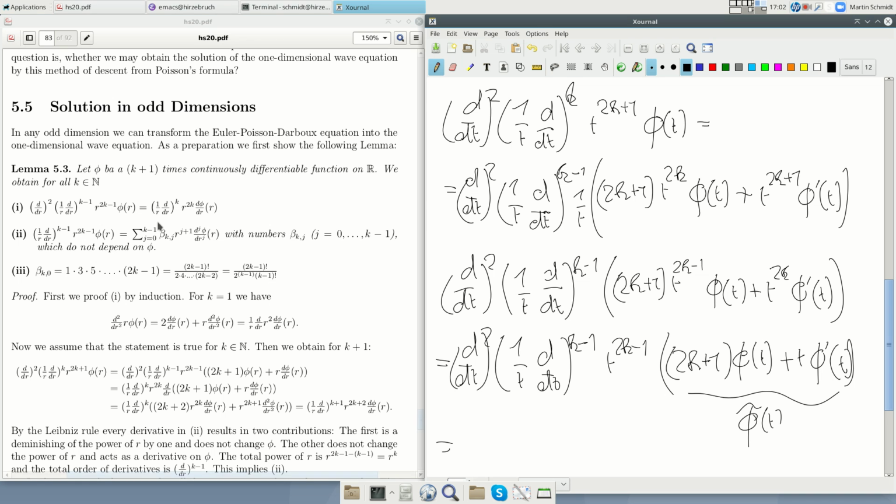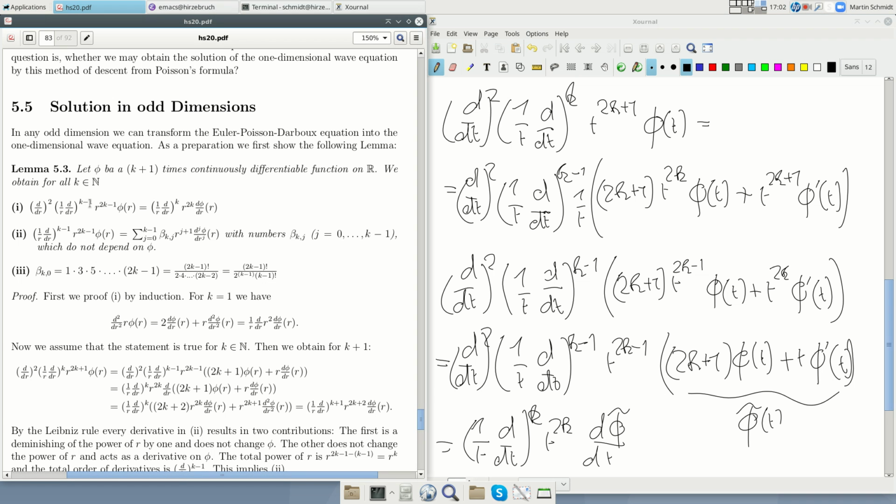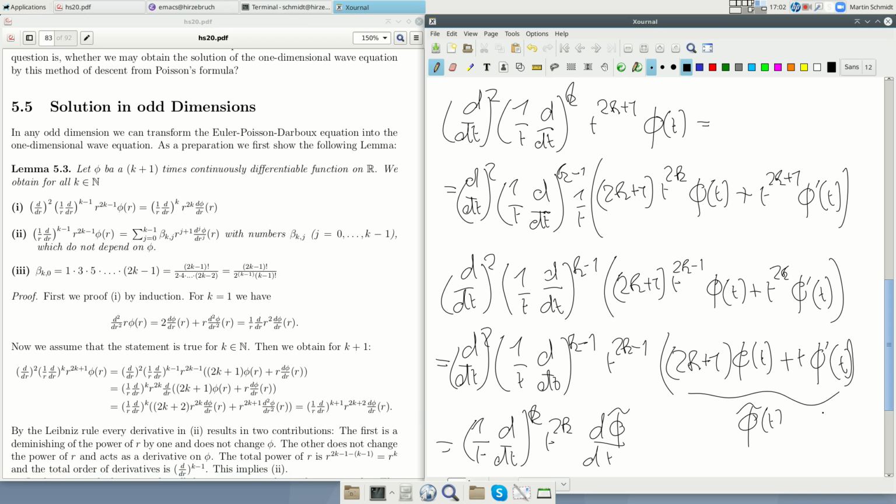Then we know by the formula this is 1 over r d by dr to the power of k, r to the power of 2k, and now we have d phi tilde by dr. Here we applied the assumption that the formula holds for k. So if we call this phi tilde and apply this formula, then we obtain this.